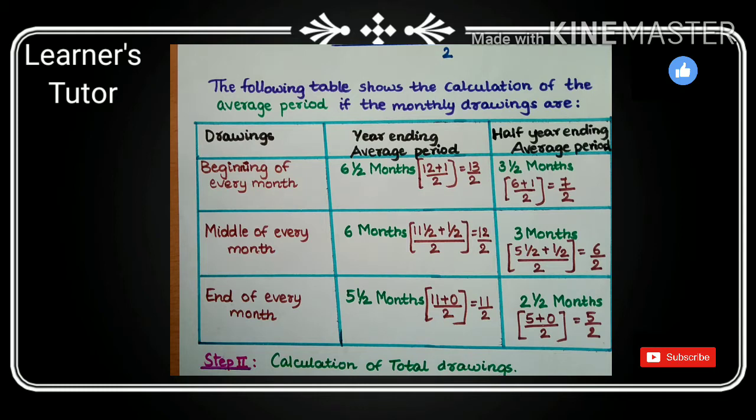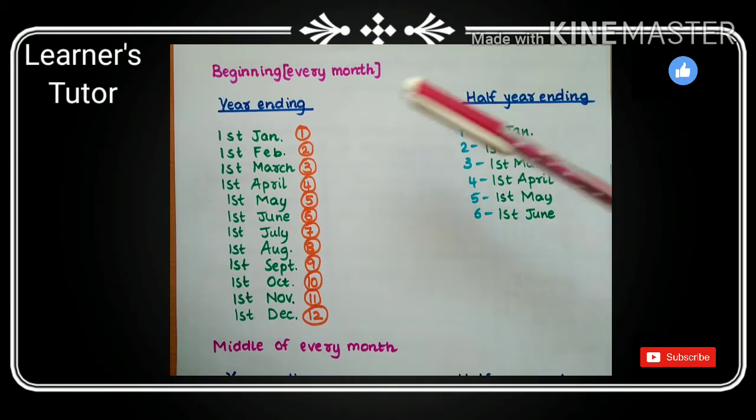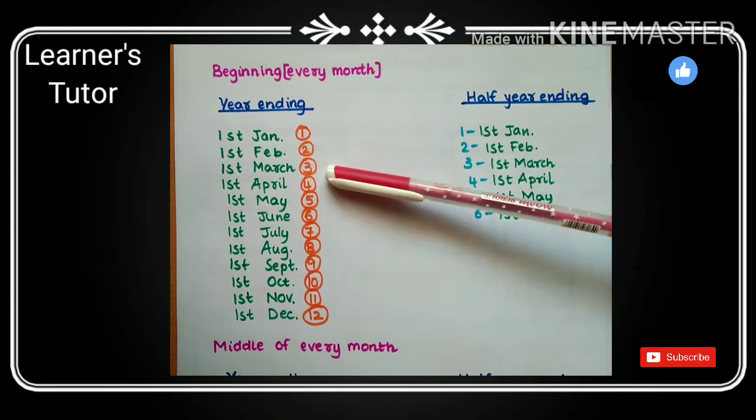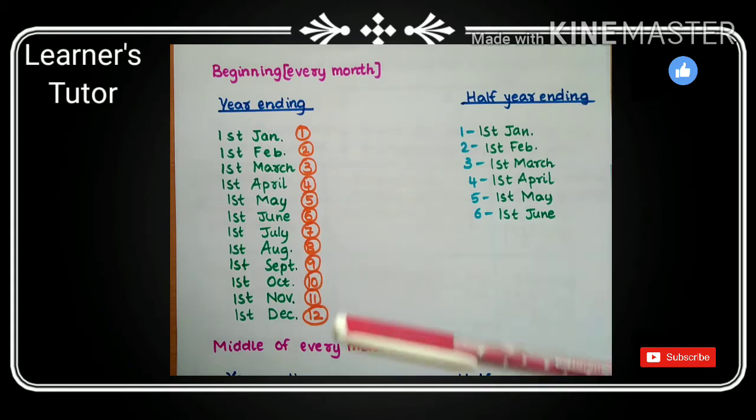Okay. Now let us understand year ending average period, under that, beginning of every month. What was the formula? Longest period outstanding. What is the longest period outstanding here? 1st Jan, 1st Feb, like that up to the 12th. So we have 12 months.